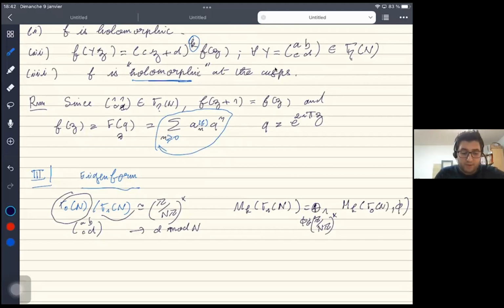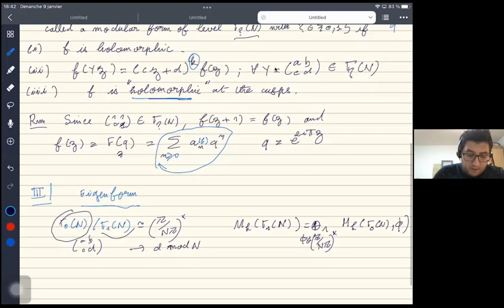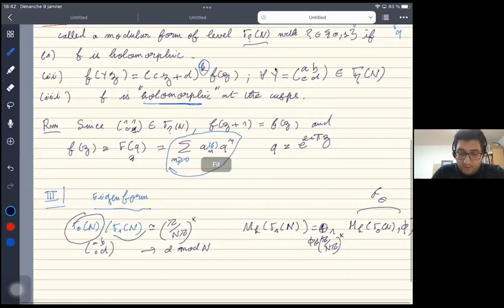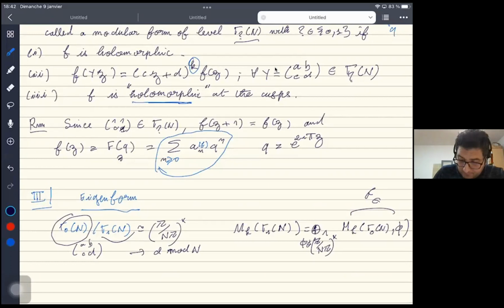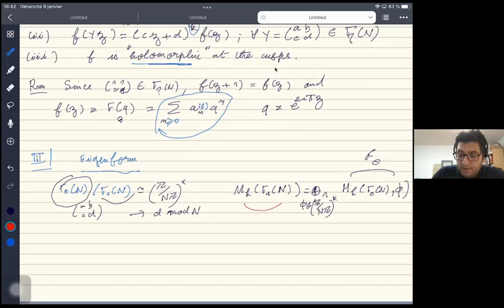If you look at the action, it's like condition 2, but if you take f here, you need to add the character: you will have phi of d. And so you can really decompose your spaces for Gamma_1(N) as this sum. This action is called the diamond action.